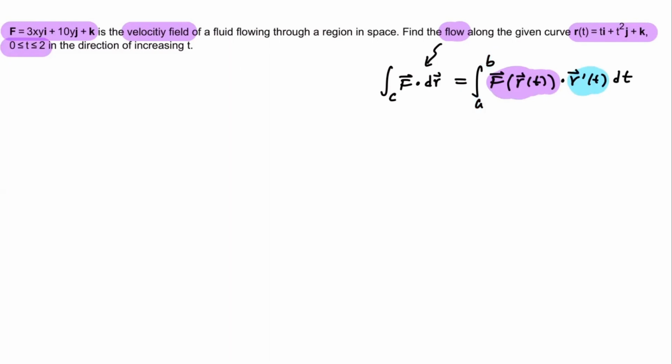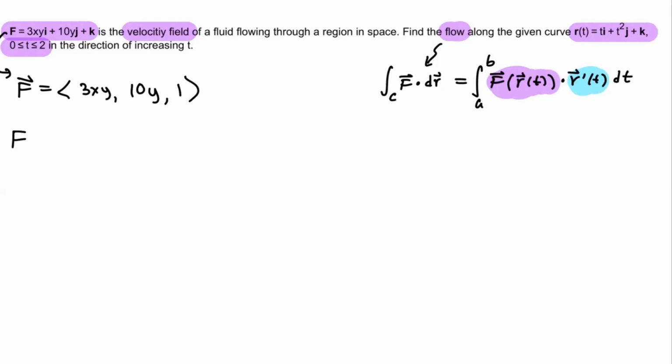All right, so let's go ahead and do that. First we're going to find F of R of t. So here is F, and I'm going to write it in vector form. The first component is 3xy, the second component is 10y, and the third component is 1, just a constant.